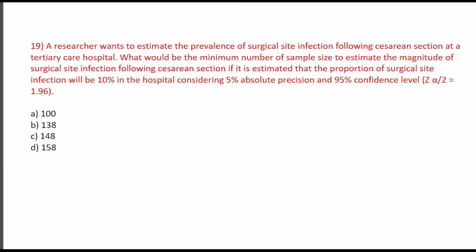Now how do we solve such type of question? Let us see how we solve. Once again we will read out the question. A researcher wants to estimate the prevalence of surgical site infection following a cesarean section at a tertiary care hospital.